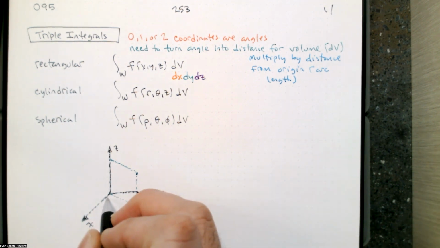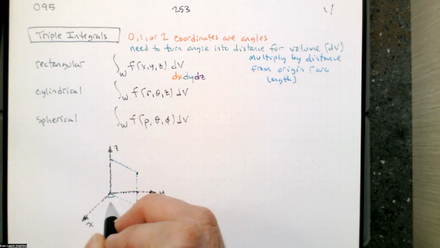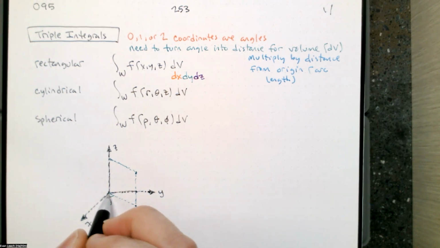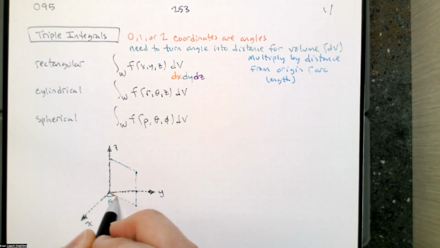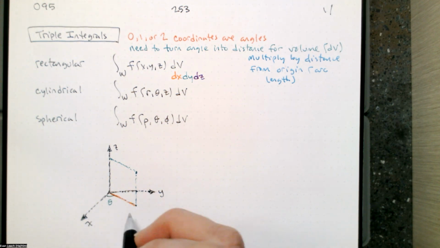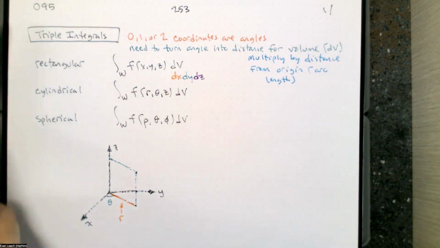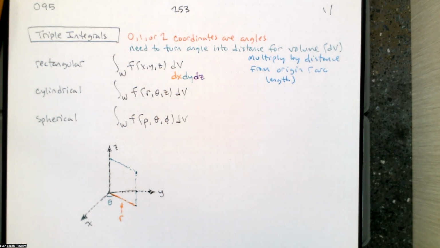So here we have theta measured from the positive x-axis, showing our favoritism for x and y, and r is the distance from the origin.